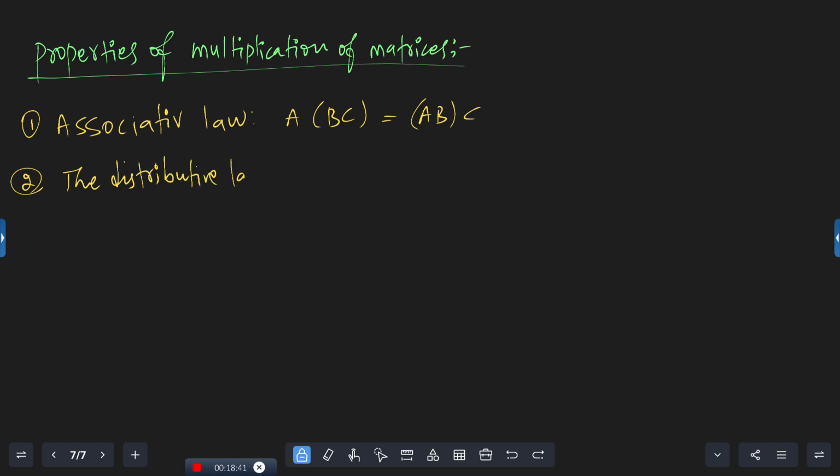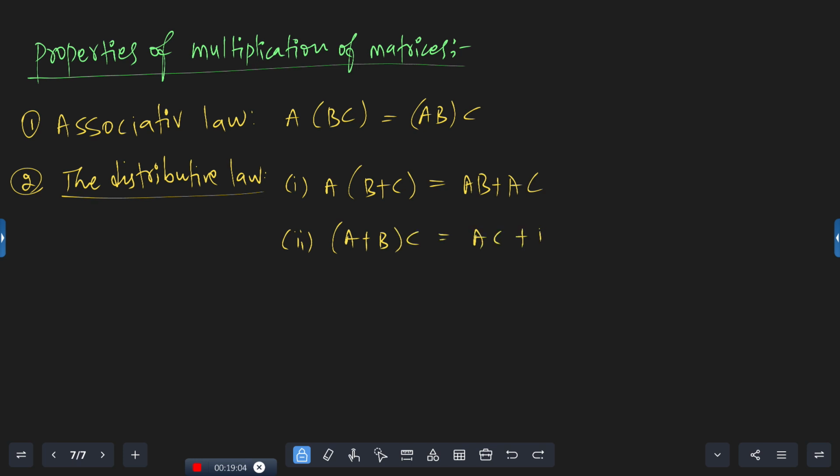So distributive law over addition or subtraction, mostly addition. The first point: A of B plus C. When you multiply A inside, you will get AB plus AC. Or first you add A plus B and multiply C inside, so that either AC or BC. So this is what is called the distributive law over addition.